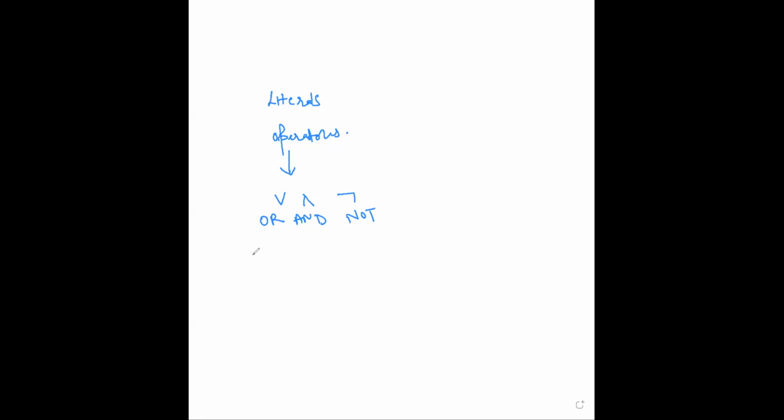Let us consider one example. If you have a literal P, the first formula is P or Q, and the second one is P and Q. For P or Q, if the value of P is equal to 1, then Q can be anything, and the answer will be 1.